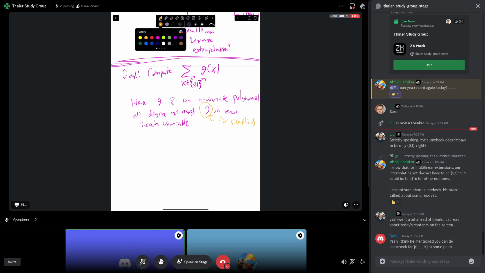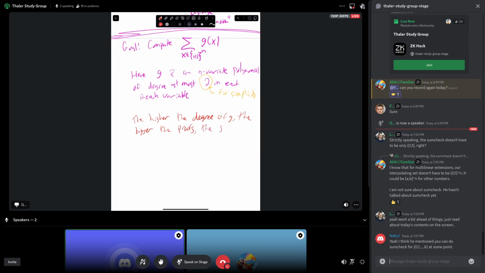In general, the higher the degree of G in each variable, the bigger the proofs, and as a result the slower the verifier, and also the slower the prover. But there's a caveat, which is that's assuming a fixed number of variables n.